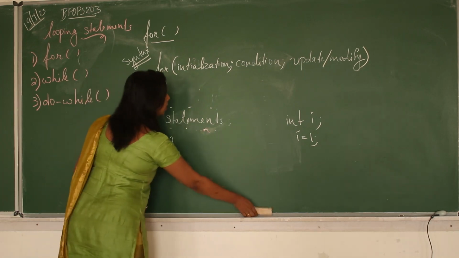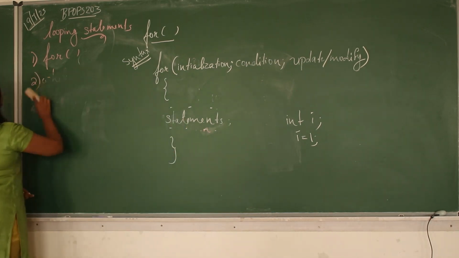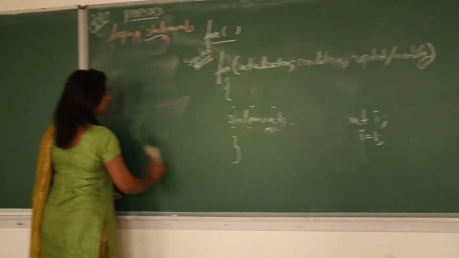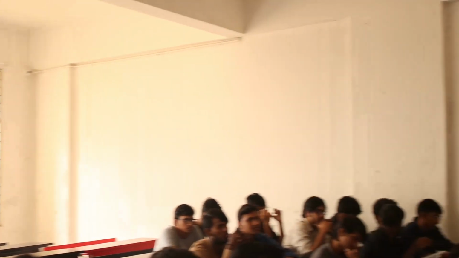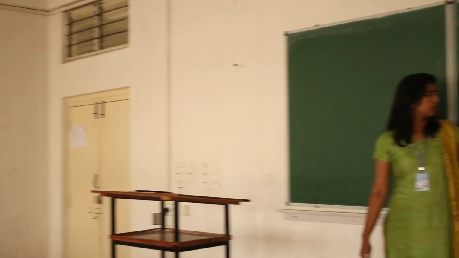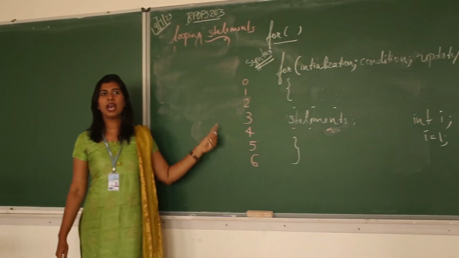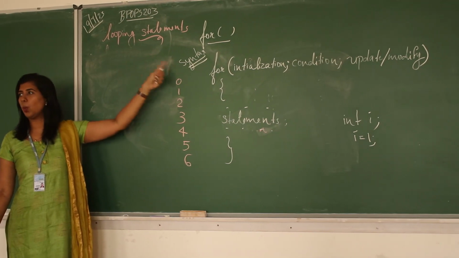So for example, the same example I told earlier: how to print the values 0, 1, 2, 3, 4, 5, 6. I told you that if you want to print these values, you will write 7 printf. You can avoid this by using the looping statement.